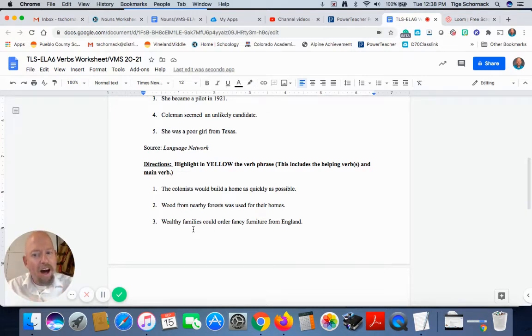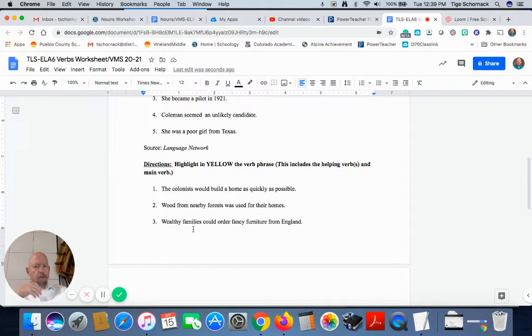So combined with the main verb, they make a verb phrase. Verb phrases deal with tenses of verb, like present tense, past tense, future, perfect, present perfect, past perfect, future perfect, participle, past perfect participle, present perfect participle. I'll teach you that later. It's pretty complicated. We're going to have to go into probably a week of doing that stuff.